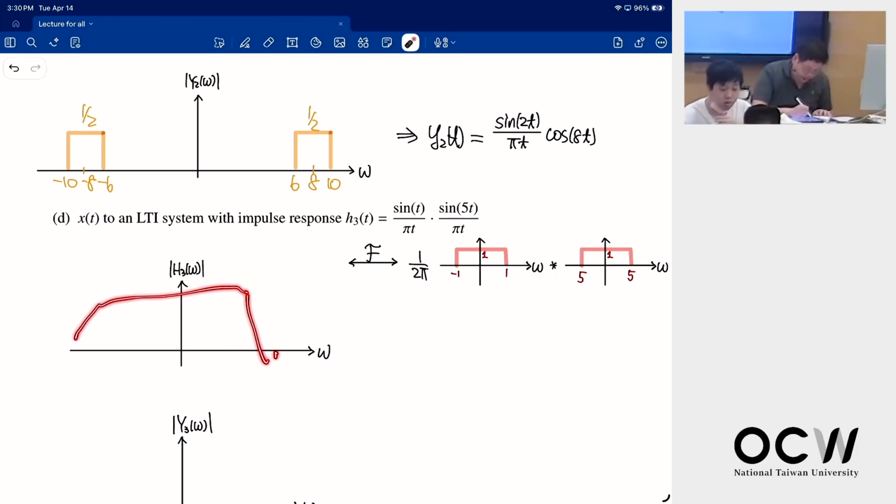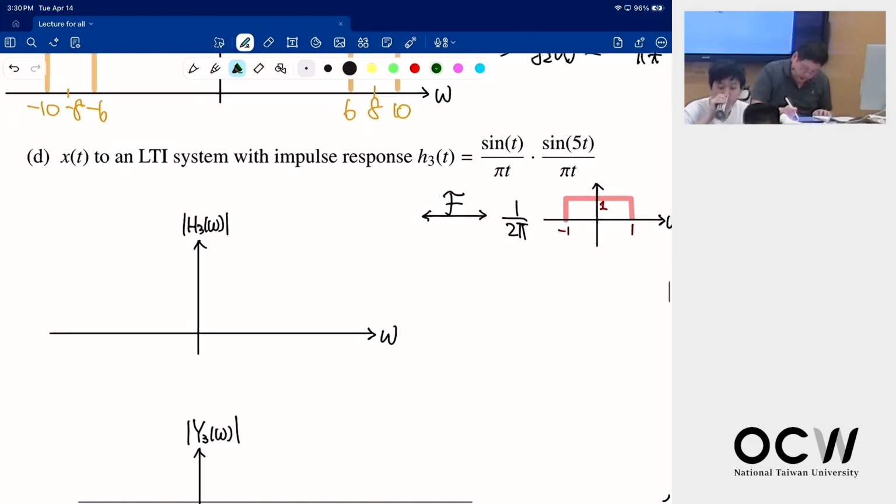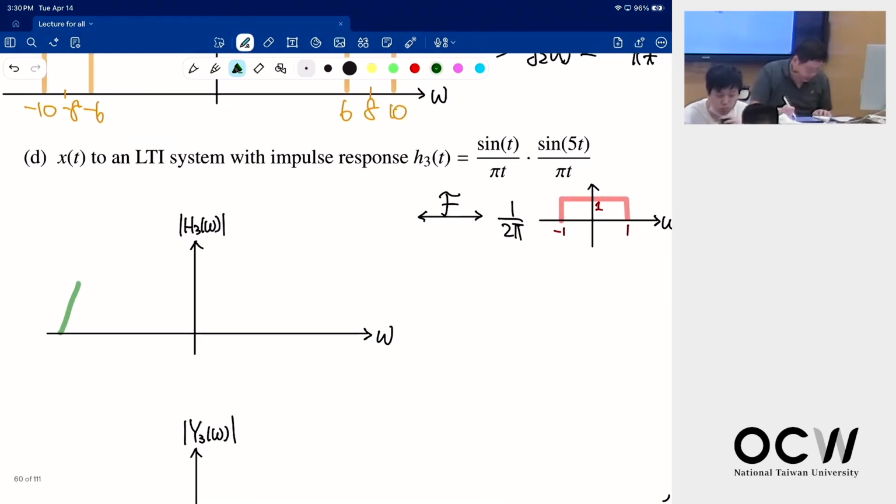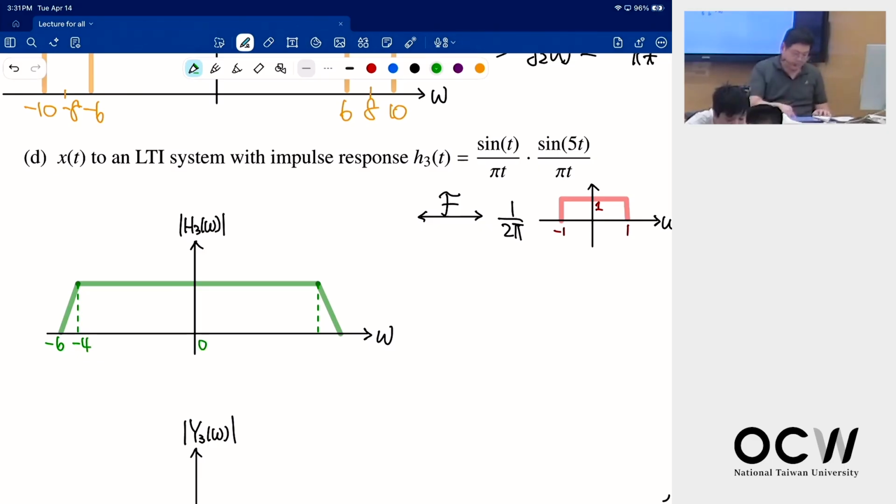Okay, so here the trapezoid looks like this one. So we have -6, -4, here is 0, 4, and 6.